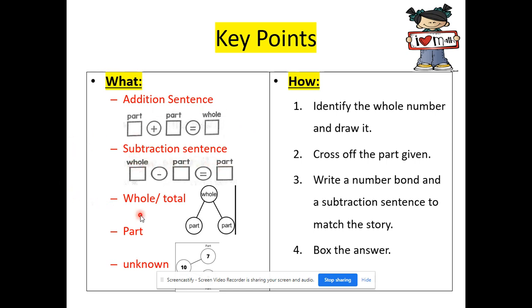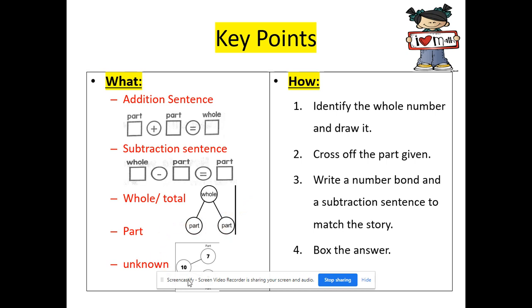Then we also need to know what a whole or total is. In our number bond, remember that our whole goes on top of our number bond, or not necessarily on top, but on the circle that connects both parts, because both parts make the whole number. We also need to know what a part is, and we could use the same number bond because there's two parts in a subtraction sentence and two parts in an addition sentence, as well as our number bond.